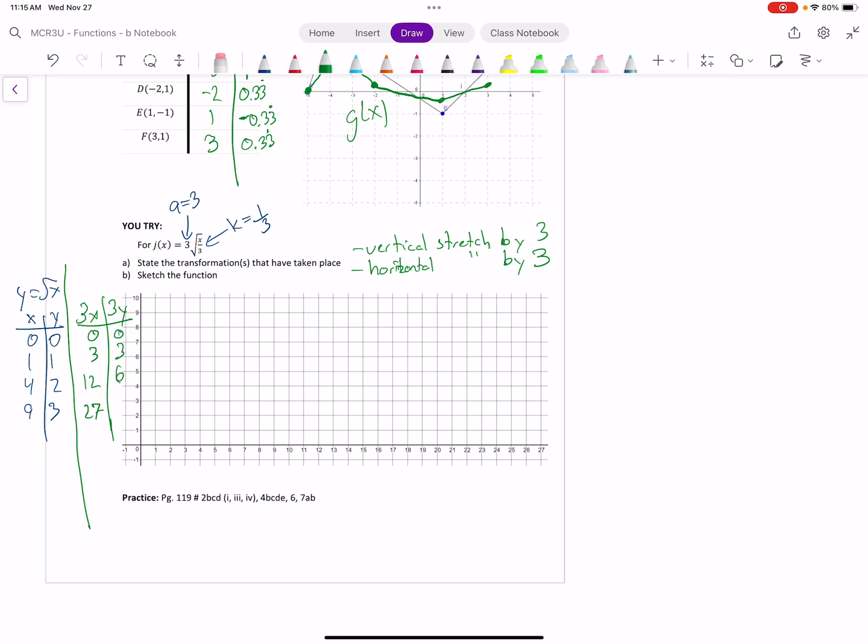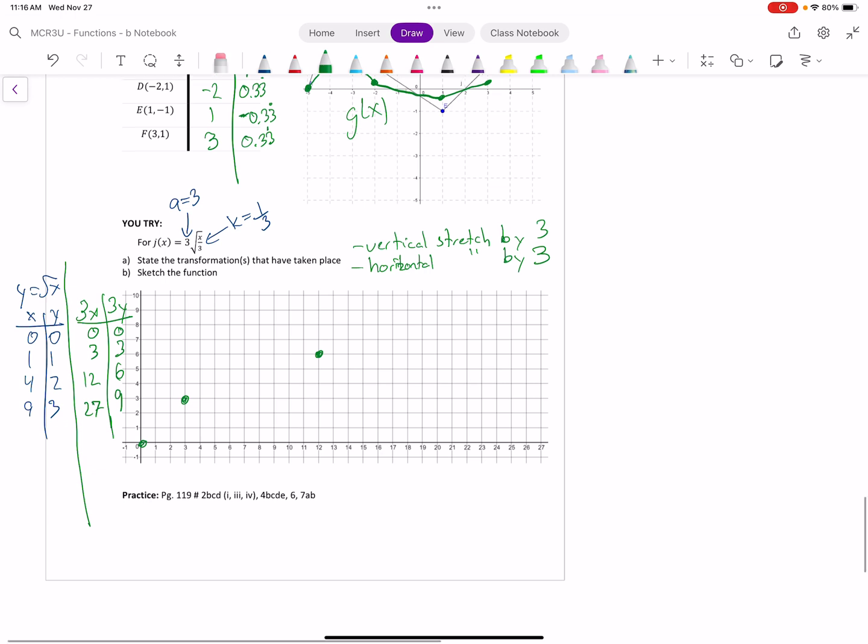And then you're going to plot those. And you kind of want to take your time with this part, no rush. And I tend to just connect in a curve in multiple stages.